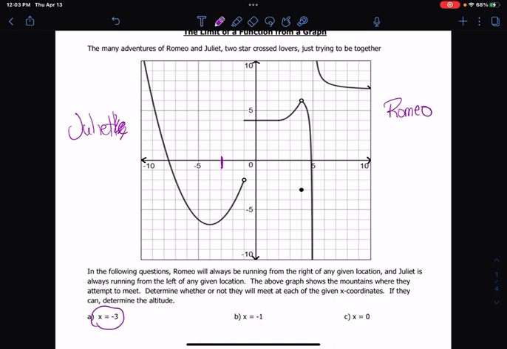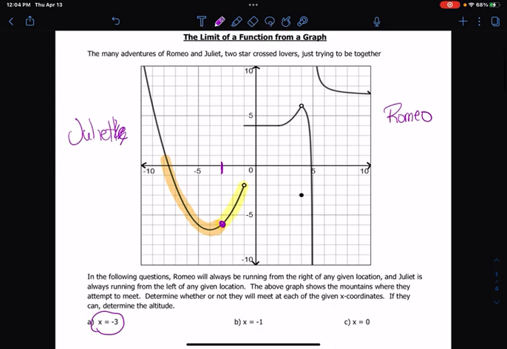If I were Romeo, this actually works better if I have two hands happening at the same time, but I can't. So Romeo would be running from here, and at the exact same time, Juliet would be running from this side, and we can see that they would have no problem meeting up at this point here, which is at a y-coordinate of -6.